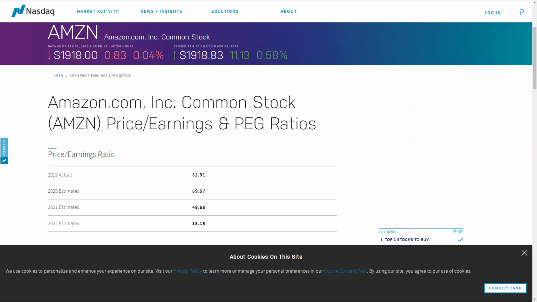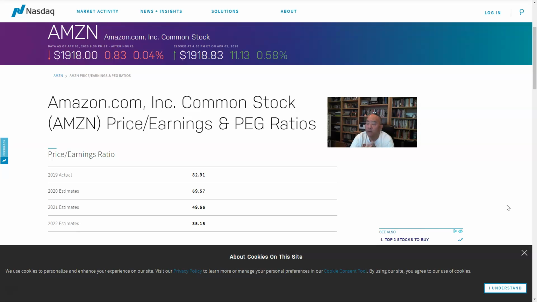So it's pretty high. If the company is growing, that's great, but the anticipated growth for Amazon is not that high. So that's why you have this PEG ratio of about 3.